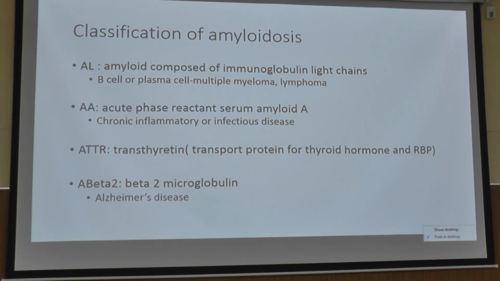Now, A beta 2 microglobulin is the main culprit protein, earlier more commonly seen in patients who are undergoing dialysis. Once you start dialysis, as time goes on, these proteins were not cleared by the dialysis membrane.